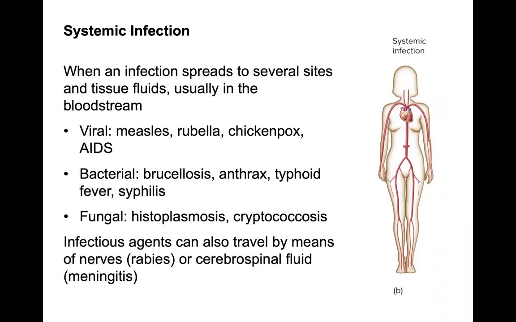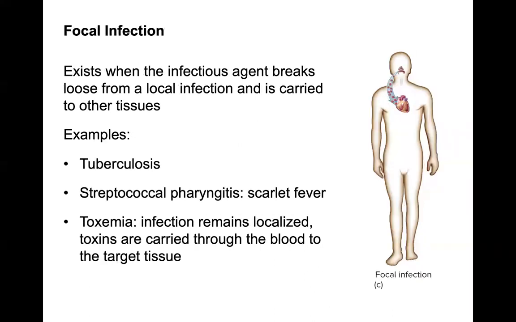Bacterial, brucellosis, anthrax, typhoid fever, syphilis. Fungal, histoplasmosis or cryptococcosis. Infectious agents can also travel by means of nerves, such as rabies, or cerebrospinal fluid, with our meningitis types of infections. And again, you've seen all these in Unit 3.